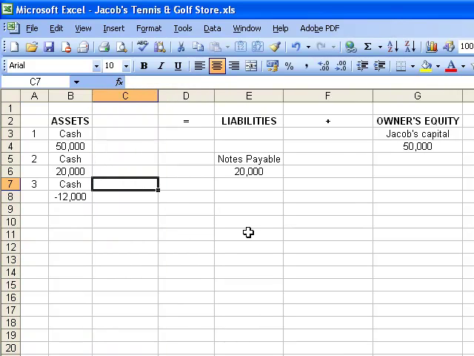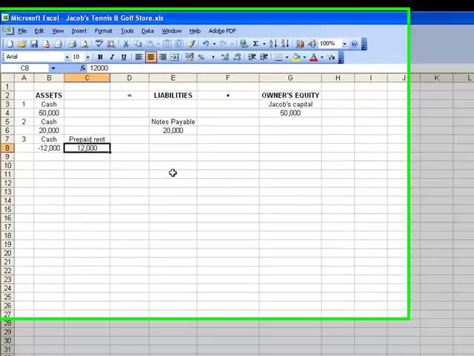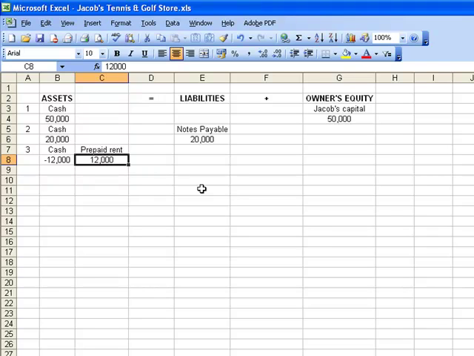So we can call it prepaid rent because it's paid in advance. So we actually pay, let's say on the 1st of January, but we assume that it's for 1 year. So it's also 12,000, and as you may see, we again have a balance in this case.